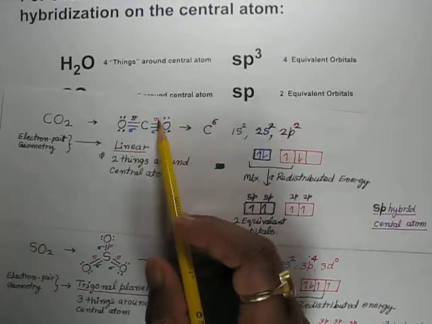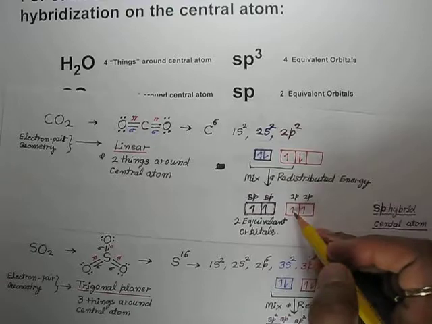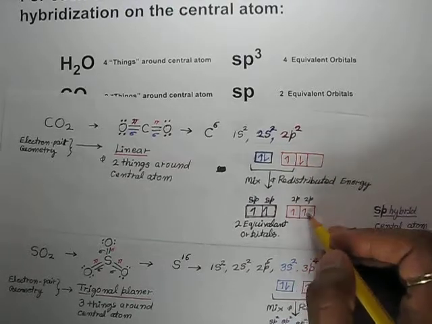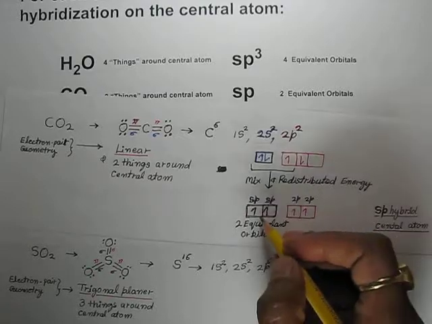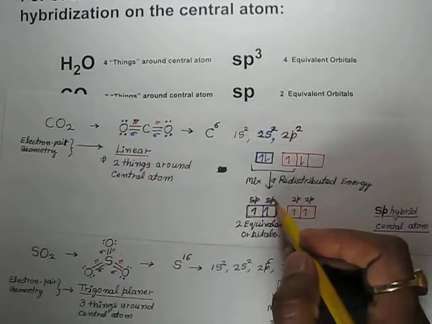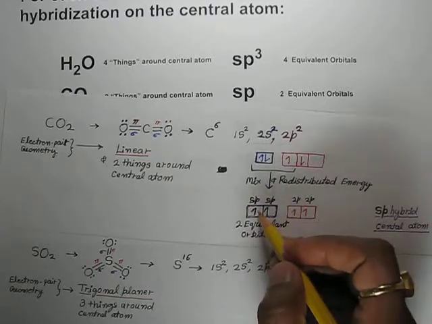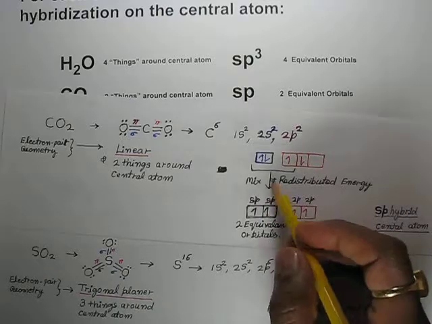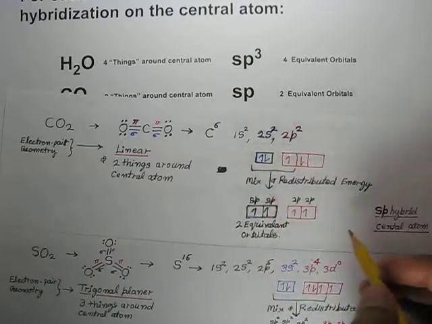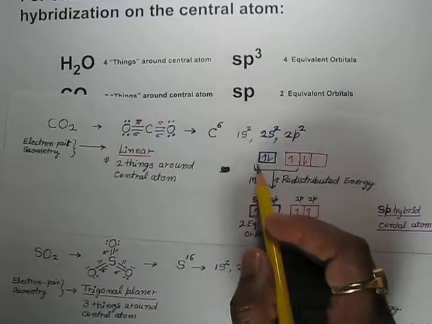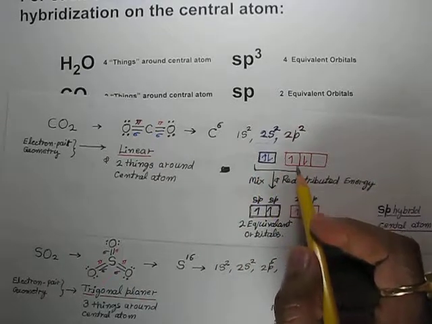Basically, the pi bonds are formed by p orbital overlap. There are two p orbitals that are empty, but the sigma bonds are formed by sp hybrid orbitals. You can see these two orbitals have only one electron each, which comes from the hybridization, and in case of sp hybridization, only one s orbital and one p orbital take part.